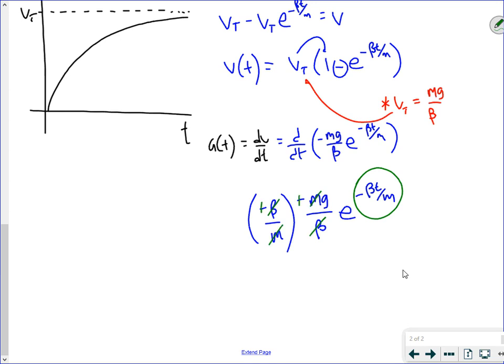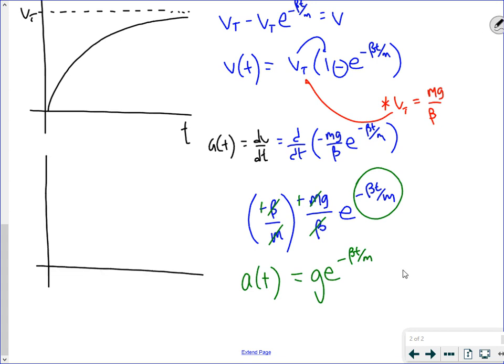Those turn positive. And all we get, we're left with g e to the negative bt over m, which is pretty cool because it says that acceleration as a function of time starts at g and decays down to approaches 0.